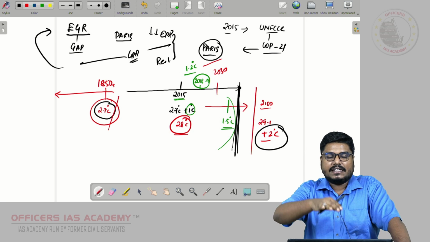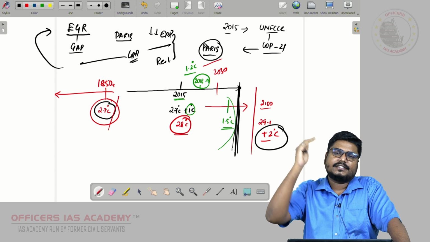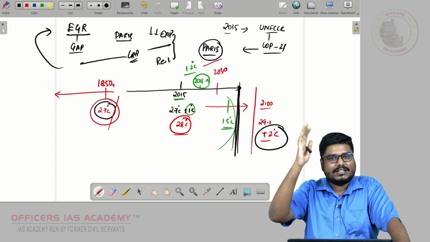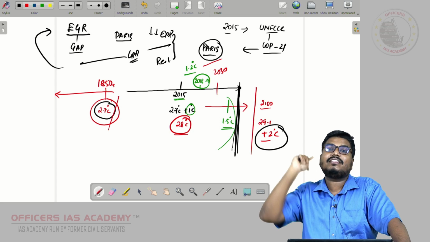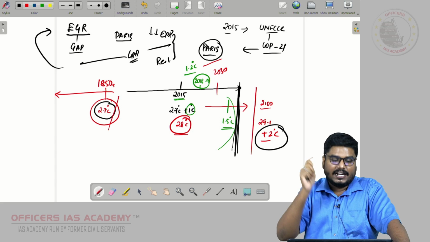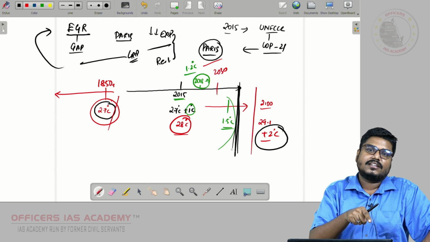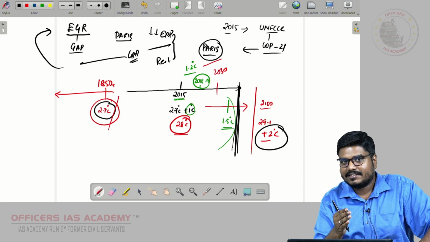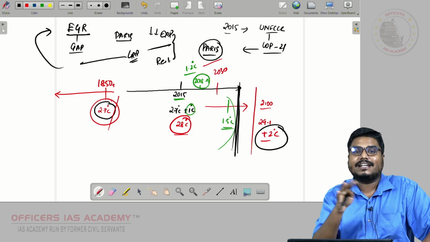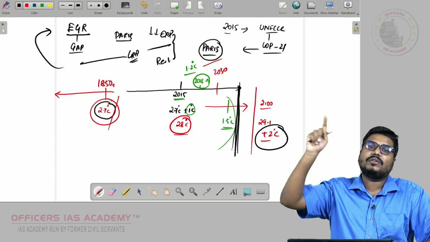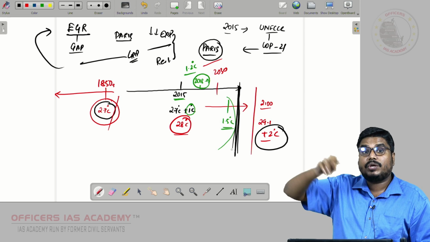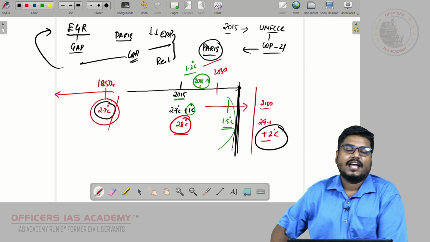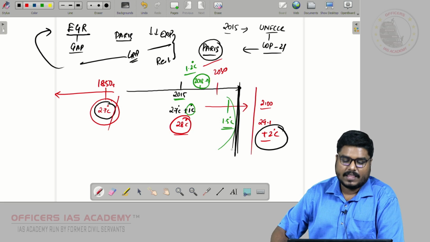In the Paris conference some deal was arrived at, and whether the current emission levels are in tune with the ambition will be studied by this report. They will give the statistics and tell you what is to be done so that we are getting in line with the Paris ambitions.